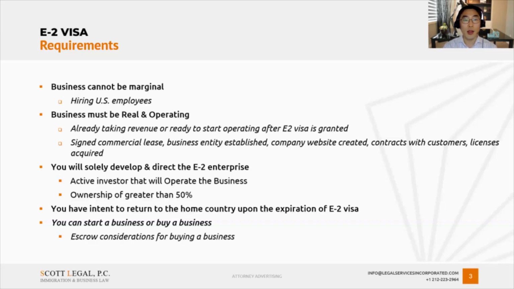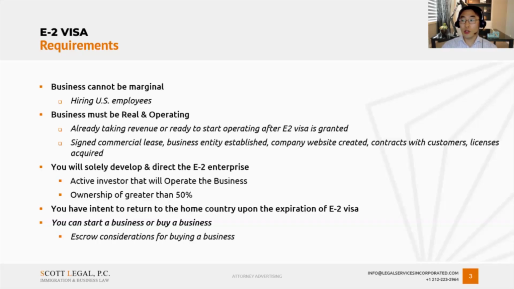To prove this element, you will usually need to submit a signed commercial lease, proof that the business entity has been established and registered, a company website, contracts with customers, and any licenses if necessary.